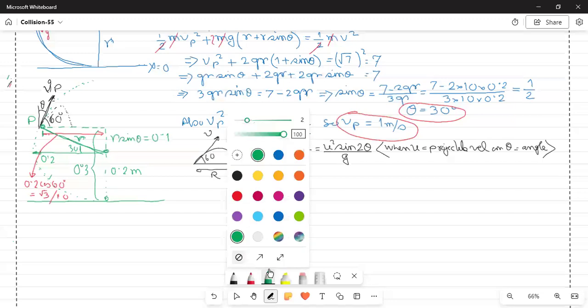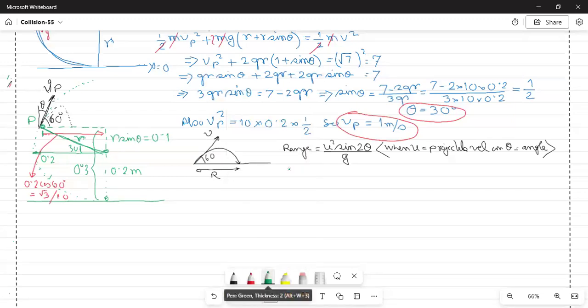Now, what is the range actually then? So range R will be equal to u square, which is Vp square, into sine 2 theta, where theta is 60 degree, by g which is 10.